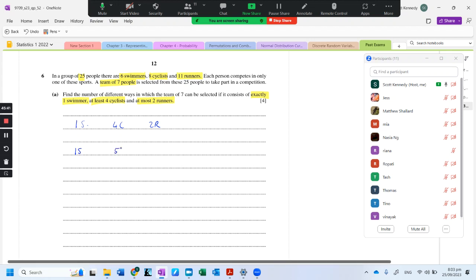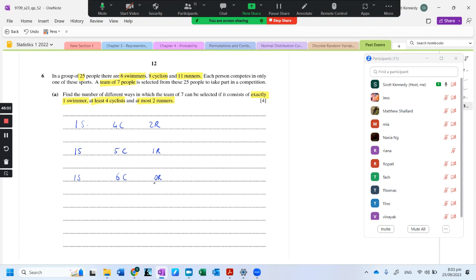Let's say we have 5 cyclists, which will leave us with 1 runner. What else can we do here? We have to have 1 swimmer. We could have 6 cyclists and 0 runners. Is there any other way we can do this? I don't think there's any other way. I think this is it.